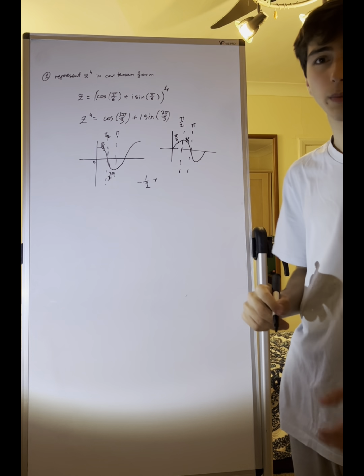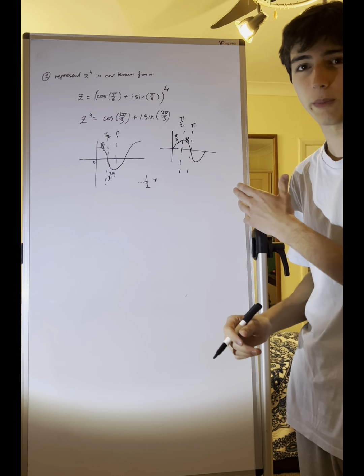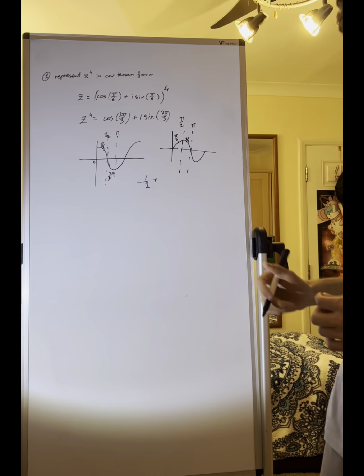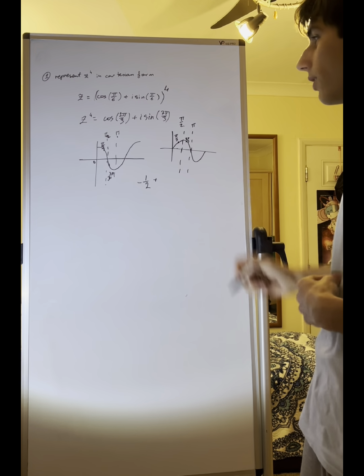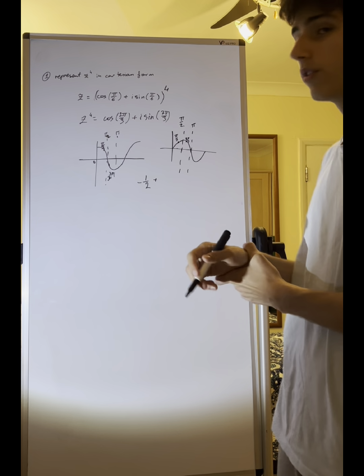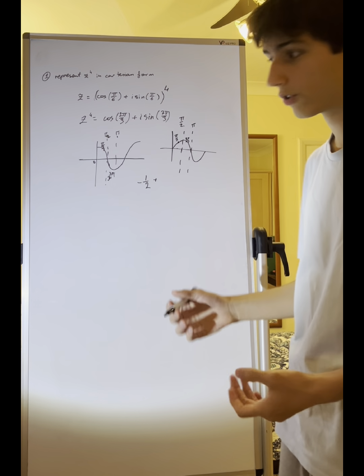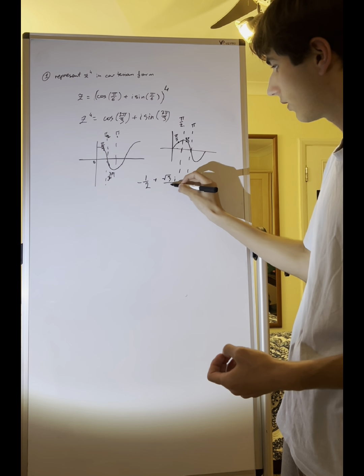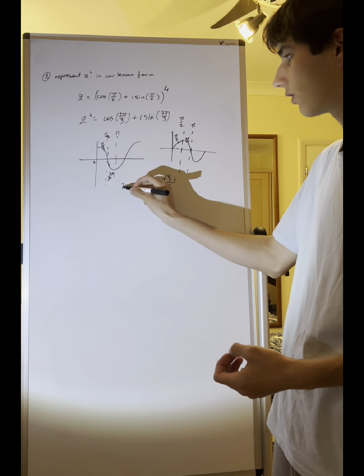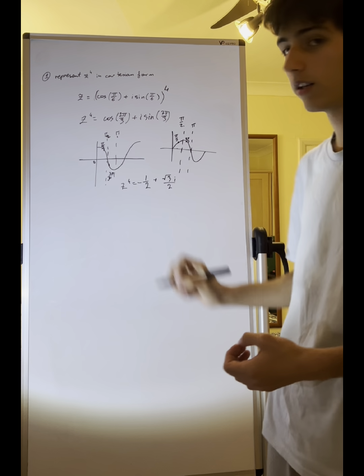We can take our value at pi over 3, it's going to be the same thing as 2 pi over 3, because we have now a positive axis of reflection, so the value doesn't change. So sine of pi over 3, of course, is root 3 over 2, so this is going to be root 3 divided by 2, and this is z to the 4th in Cartesian form.